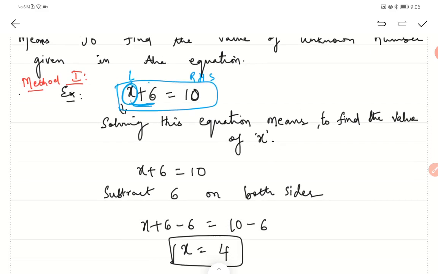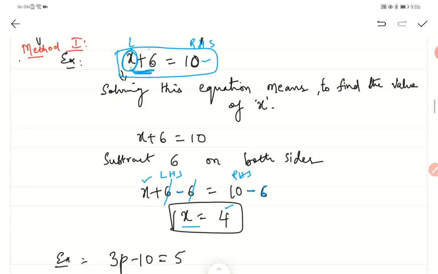You will get x plus 6 minus 6 equal to 10 minus 6, isn't it? Now it's simplification. Here this will get cancelled, so on the LHS side you are left with only x. And on the RHS side you get 10 minus 6 as 4. So x is equal to 4.